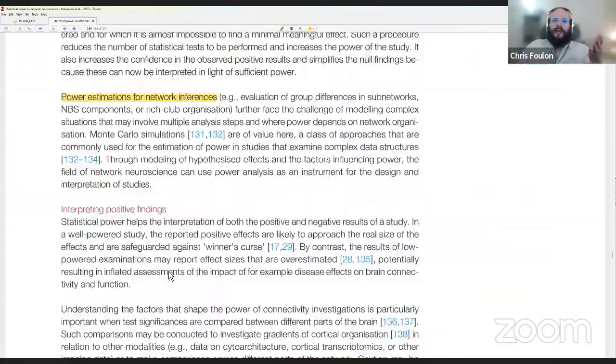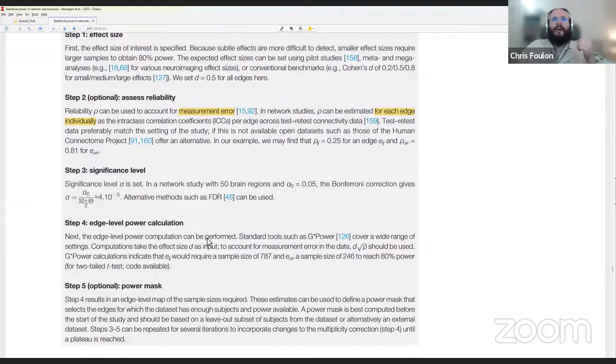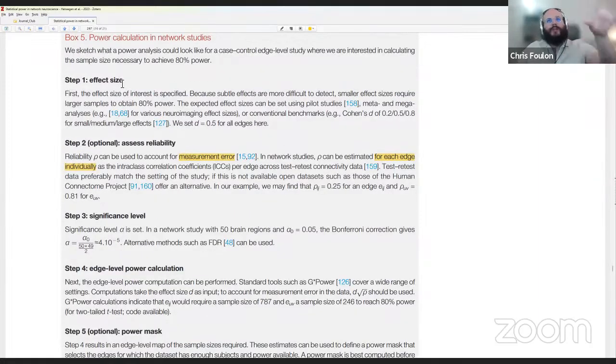And that's why they advise, starting with the effect size, calculating a significance level, and optionally assessing the reliability.